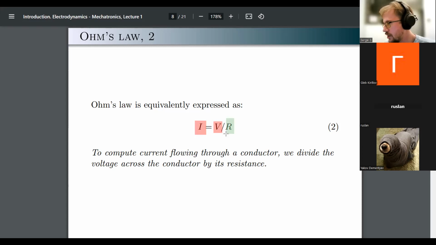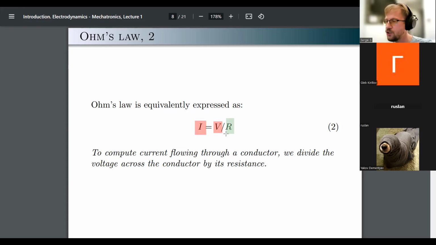Because if it is an electrical component, you can just look up its resistance by the markings or in the data sheet. Establishing resistance is also not very difficult. So resistance is typically a known factor.